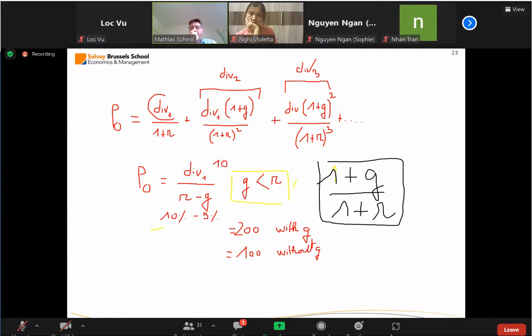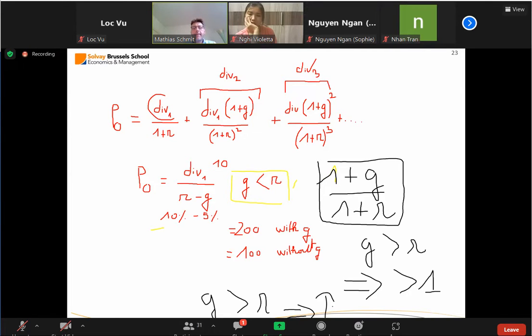So if G is higher than the rate, it means that this factor is higher than 1. So when my growth rate is higher than the rate, the price tends to infinity.